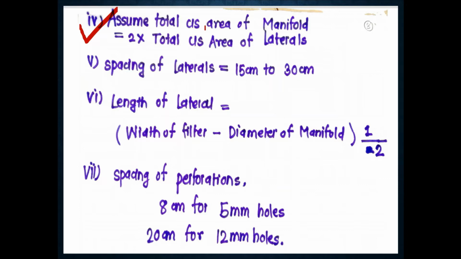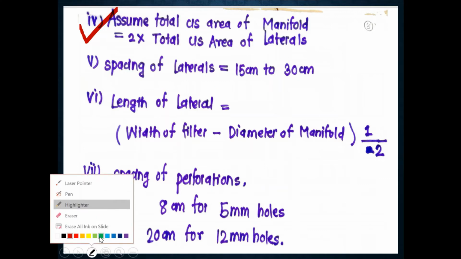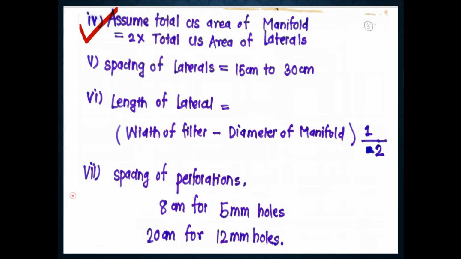Suppose this is the filter area, with width and length, and this is the central manifold pipe. These are the smaller laterals which are provided here, similarly present on the left hand and right hand side.